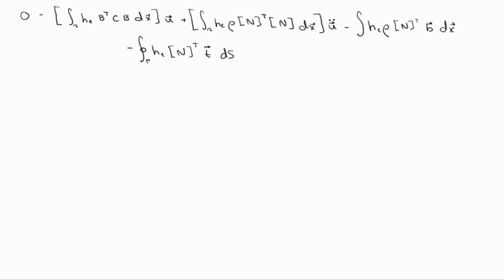Remember that this term times the unknown displacement u is the stress, right? So this is stress, C, B, U. Remember, B is the strain displacement matrix, so that's a matrix of the derivatives of the shape functions.